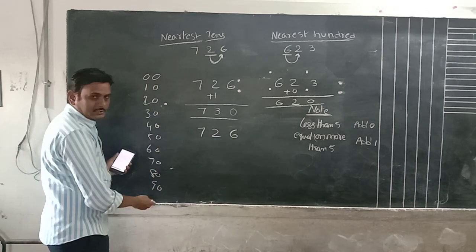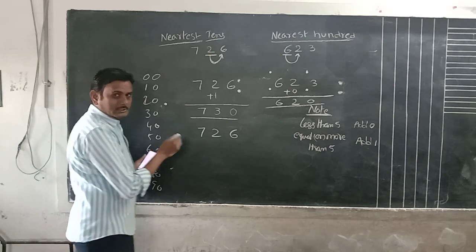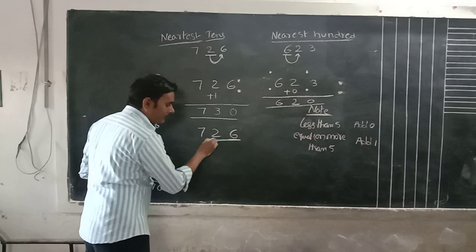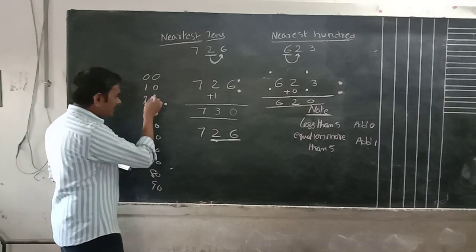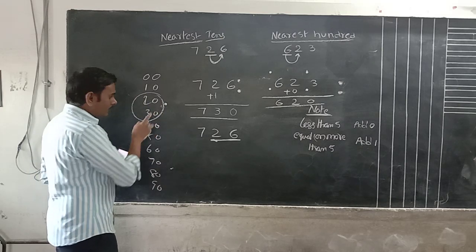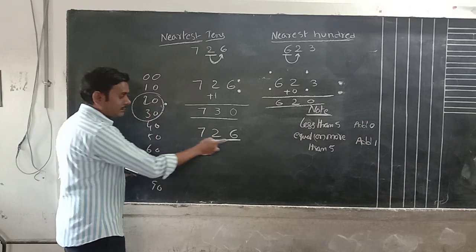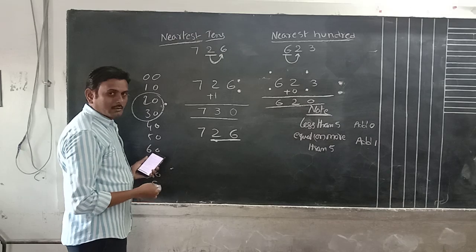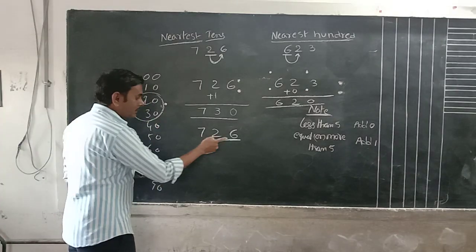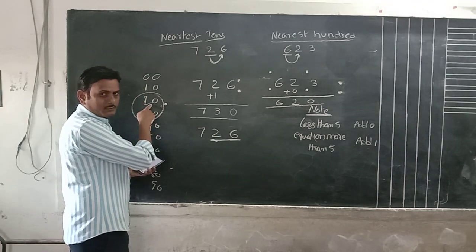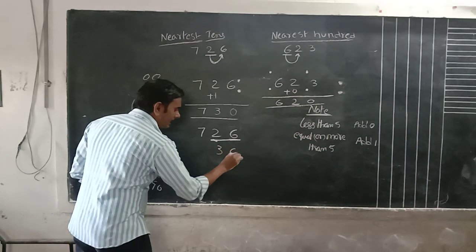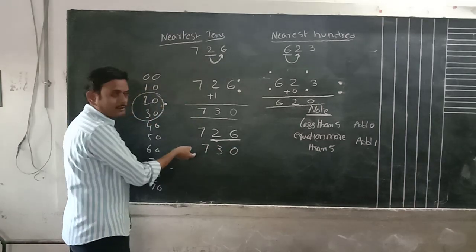Like this we have to consider. 26 lies between which numbers? 20 and 30. Which is nearest to 26? 30 is nearest. If we add 4, we get 30. If we subtract 6, we get 20. 4 is smaller, so we can write 730.